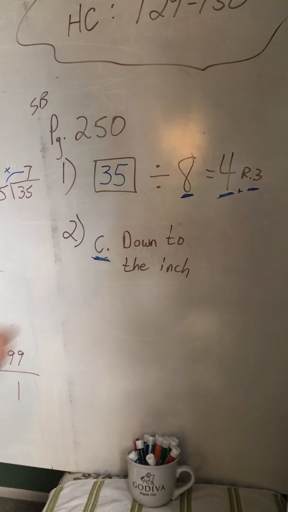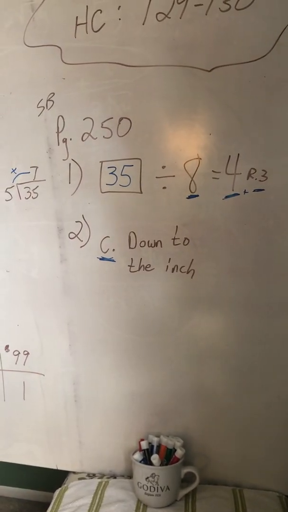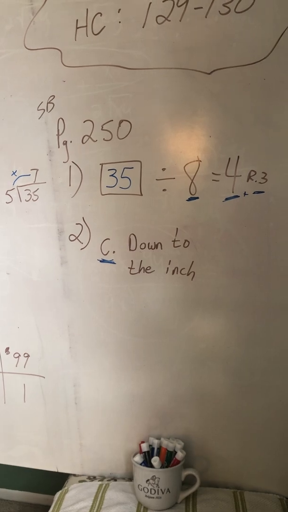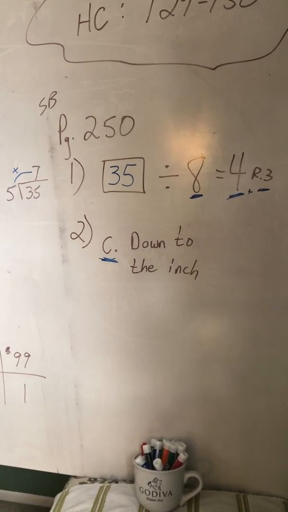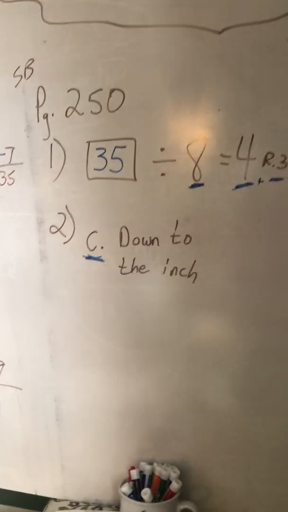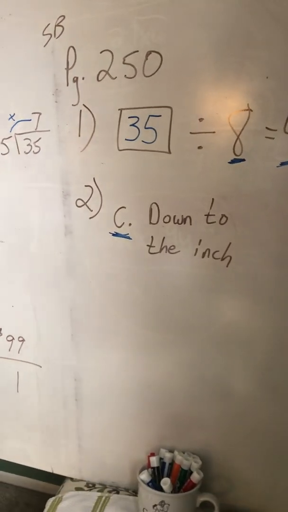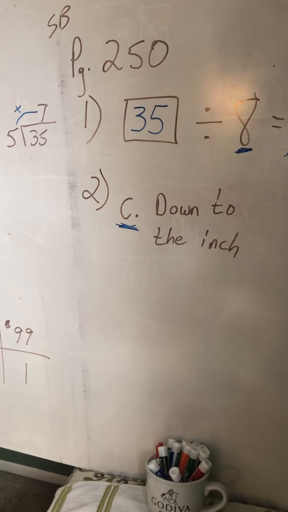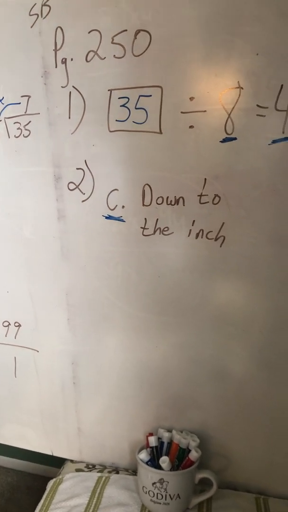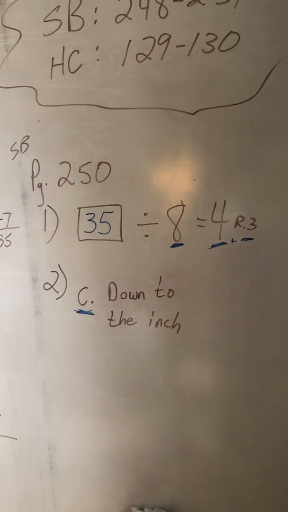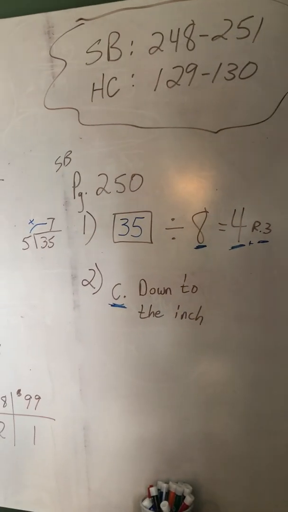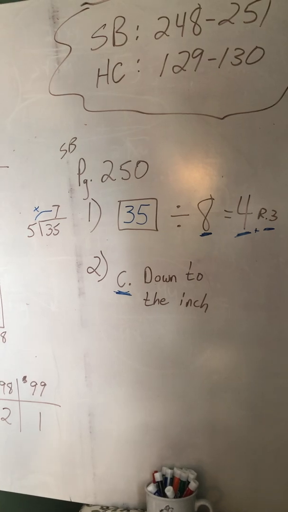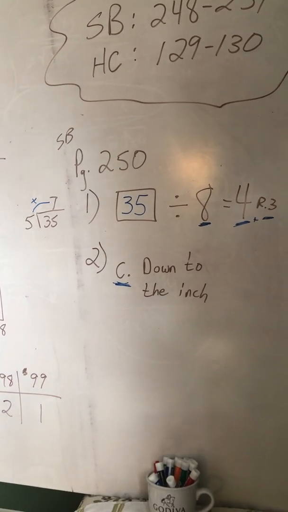And then number 2, C, has a rope. I think it's 16 foot, something like that. I want you to try to get down to the inch on that because you can. Don't say blank blank remainder and you've got this much rope left over. Take that extra foot of rope and divide it into inches, and you can make the rope go exactly 16 divided by 3.